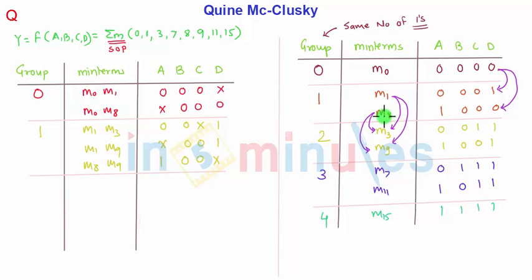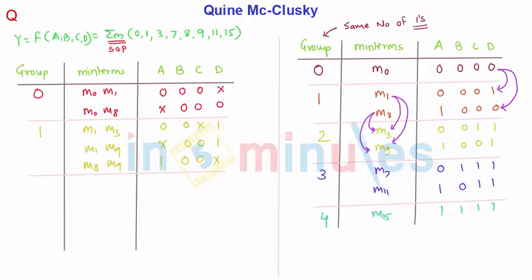If any group member, suppose M8 here, is not matching up with the next group, then take M8 separately outside and put it in the final equation, that is nothing but the prime implicant. We are going to talk about prime implicants at later stages. Let us move on to the next problem, because M8 matches up with M9, there is one matchup, so we'll take M8 also and the group is over.